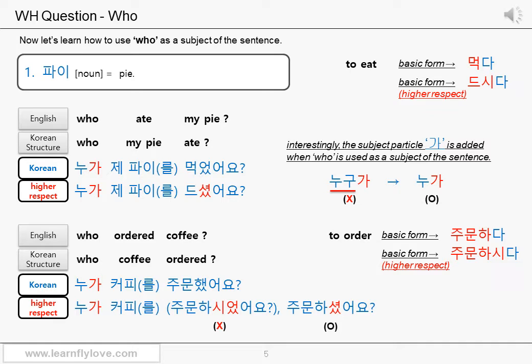Let's make another similar sentence. Who ordered coffee? Who coffee ordered? Who, 누가, coffee, 커피를, or coffee를. You can use the English pronunciation coffee. And yes, you can get rid of the object particle 를. Ordered.